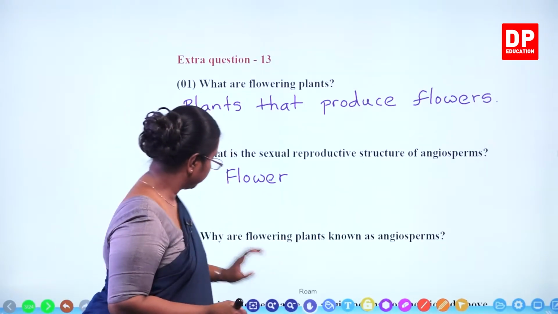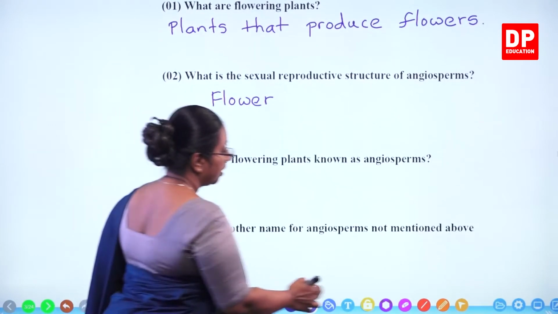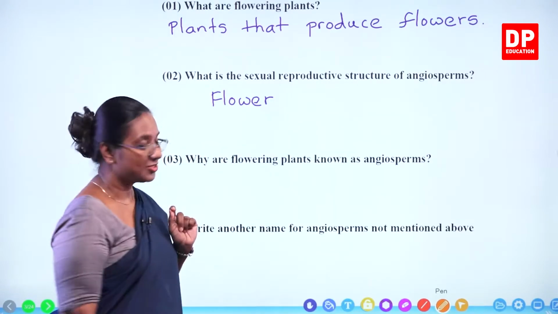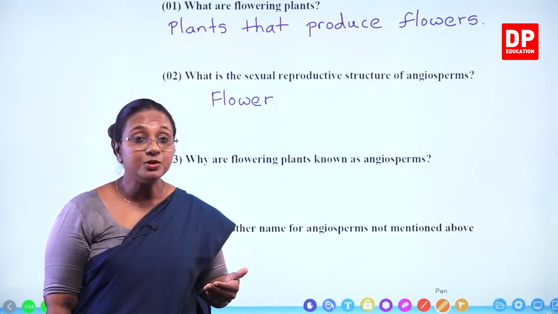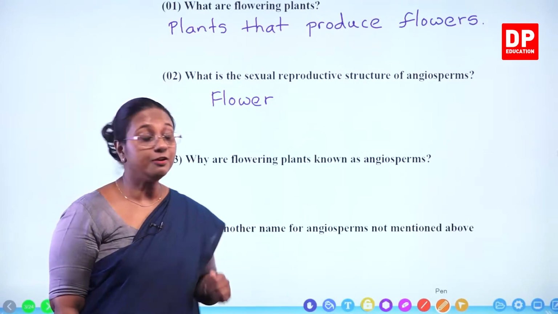The next question. Why are flowering plants known as angiosperms? I have already given the answer. They produce seeds covered by fruits.